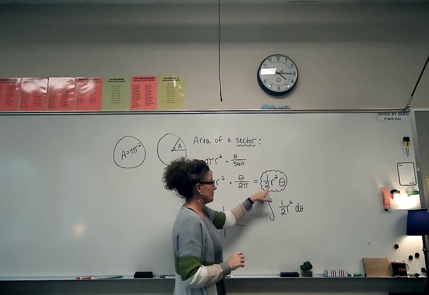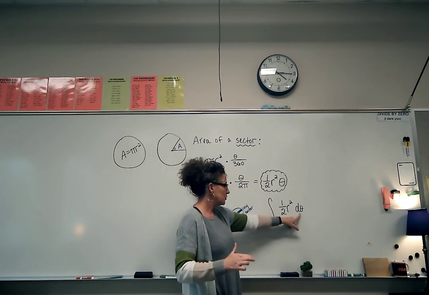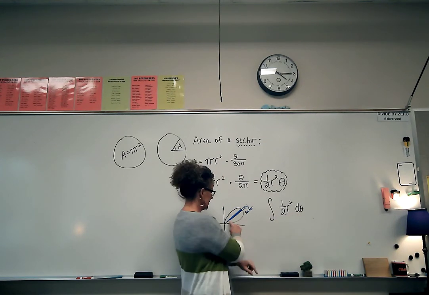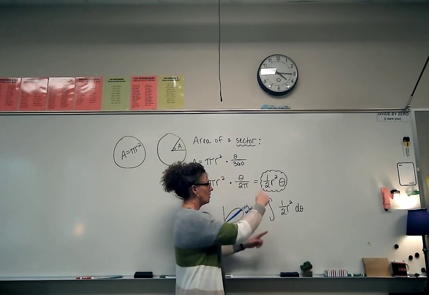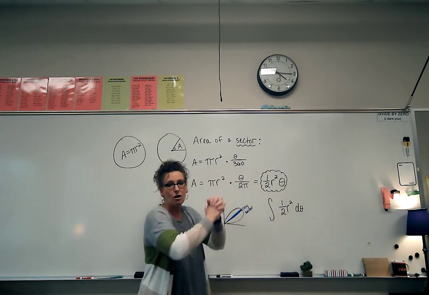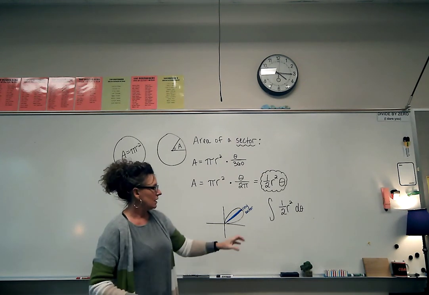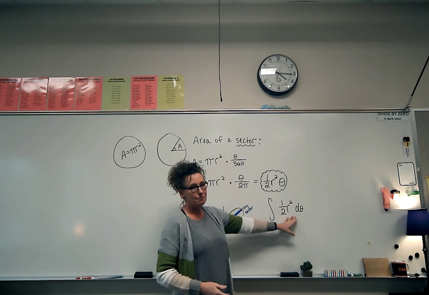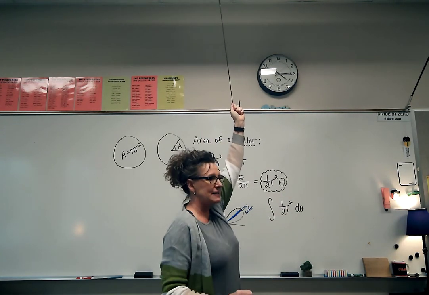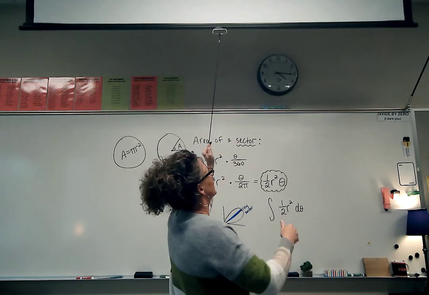So now, I've got the 1/2, I've got the r squared, this is that angle, but when I put this in an integral, it does this angle and this r length over and over and over again, and adds all of those areas together. So, new formula, area inside a polar curve. It's like a bunch of tiny, thin pieces of pizza with areas added over and over again.